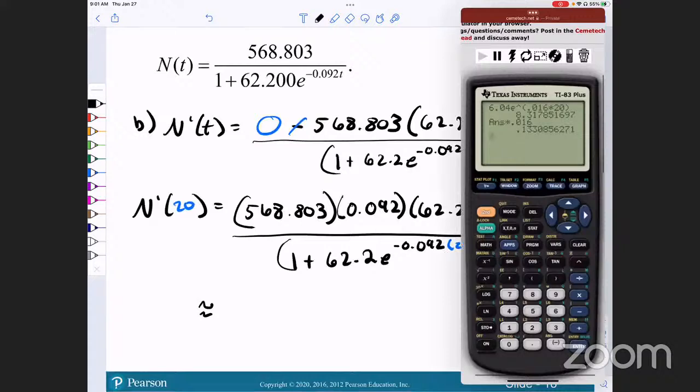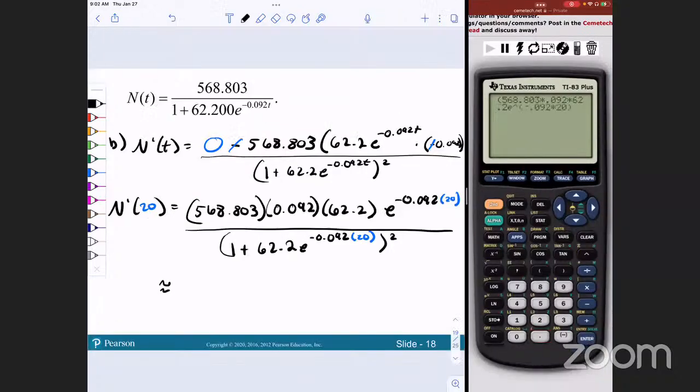Okay, this is fine. So now let's just crunch all of this, right? So first we have what? This 568 point. Let's share the screen.